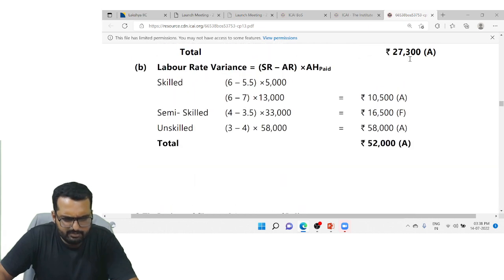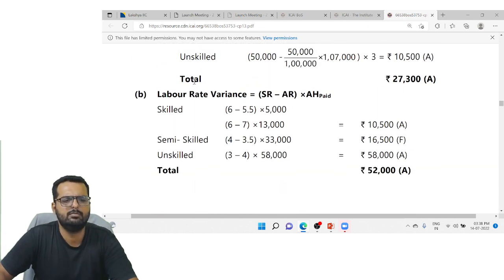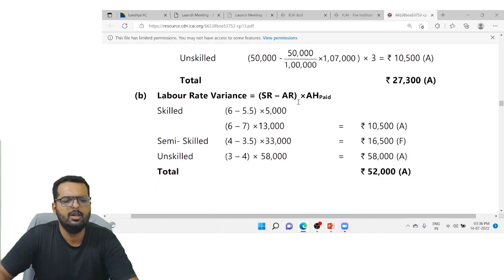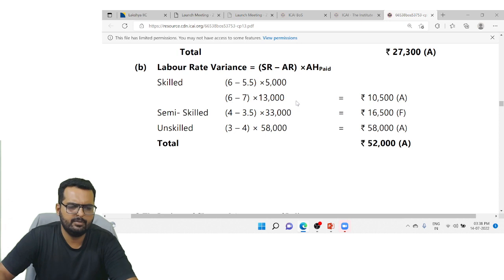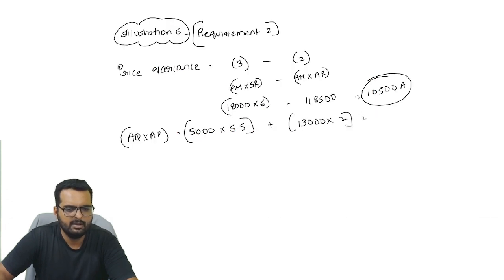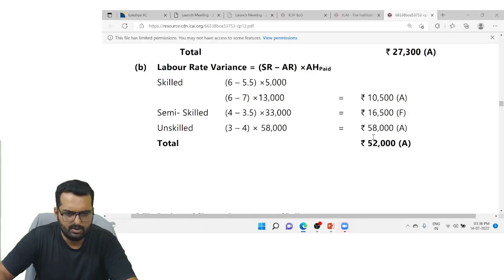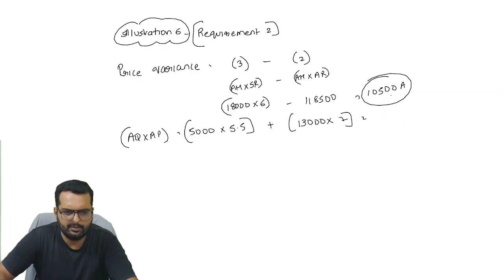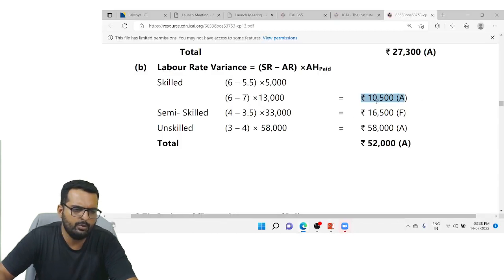They haven't solved it? Okay, they have done it. Come again. AQ into SP, total we should be, right? Okay, we have got 10,500. Same way they want you to do it for semi-skilled and unskilled also.